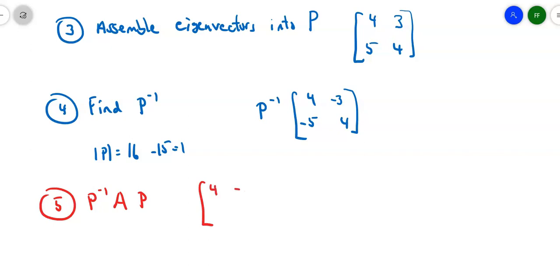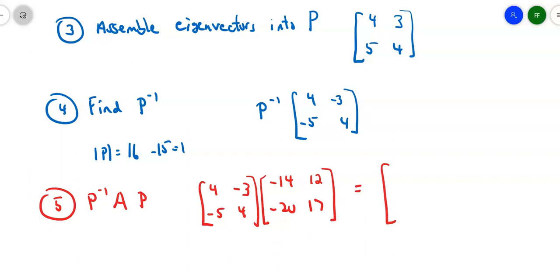So here's P inverse times matrix A, which was negative 14, 12, negative 20, 17. All right. So 14 times negative 4 is negative 56, and then plus 3 times 20 is 60.